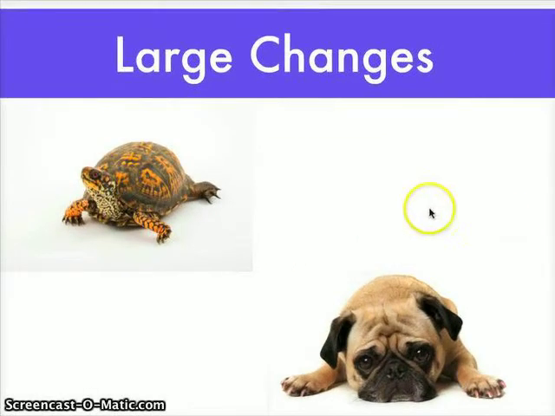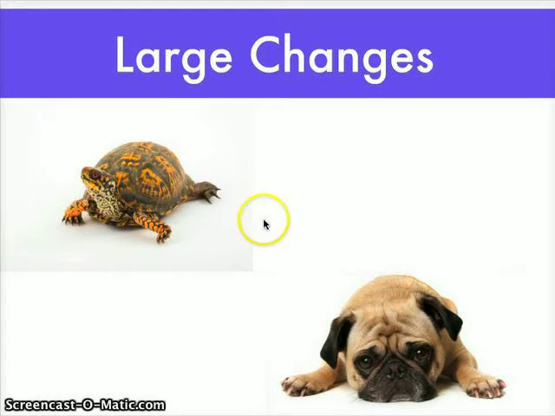And this is an example of Myrtle the turtle and my dog Coco. So as you can see, there are very significant differences between Myrtle and Coco. Coco has fur, she's warm-blooded, and Myrtle has sort of a scaly skin. He's cold-blooded, and he's got a shell there.